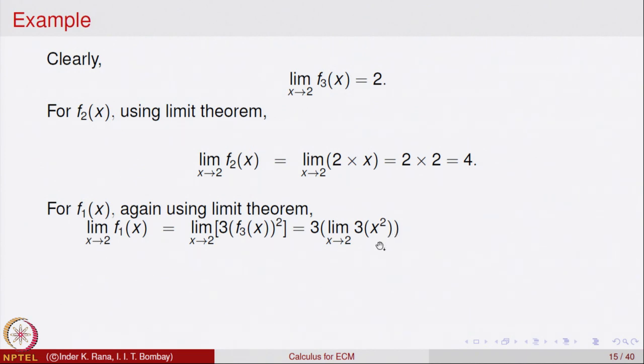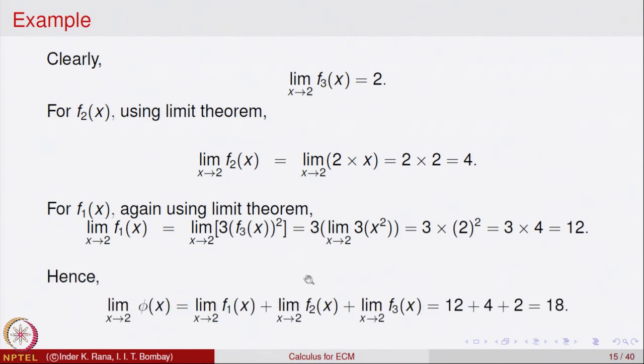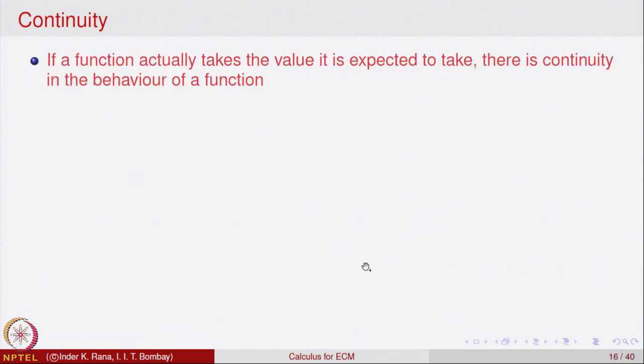There is a typo again here, this 3 is not required. So, that is 3 times 4, which is equal to 12. So, basically that is how the algebra of limits is applied. The limit of phi x as x goes to 2 is the limit of f 1 plus the limit of f 2 plus the limit of f 3, and that is equal to 18. So, that is how we will apply the algebra.